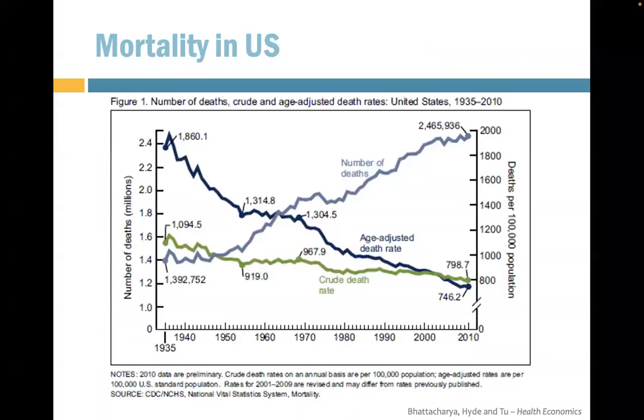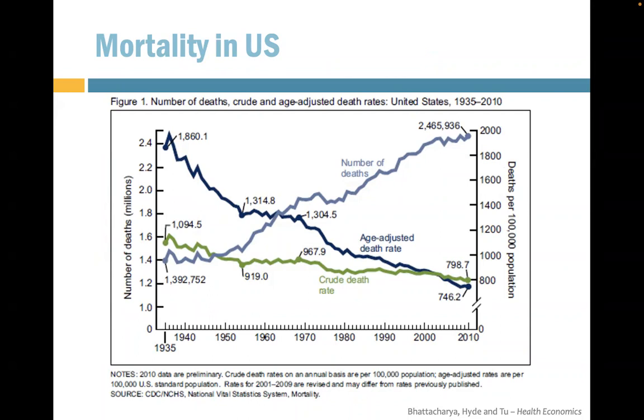Okay, so this is a graph of mortality in the US. First, we want to look at the decreasing darker blue line. The age-adjusted death rate is decreasing since 1935 all the way to 2010.